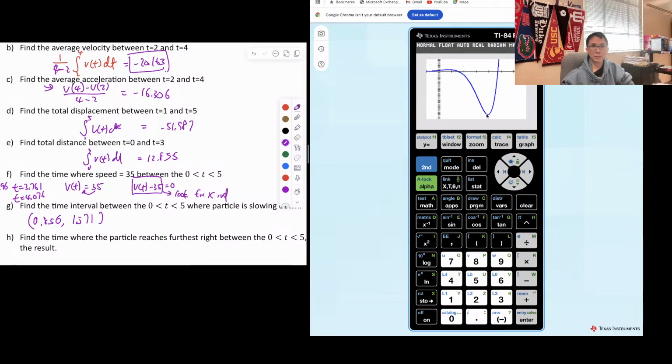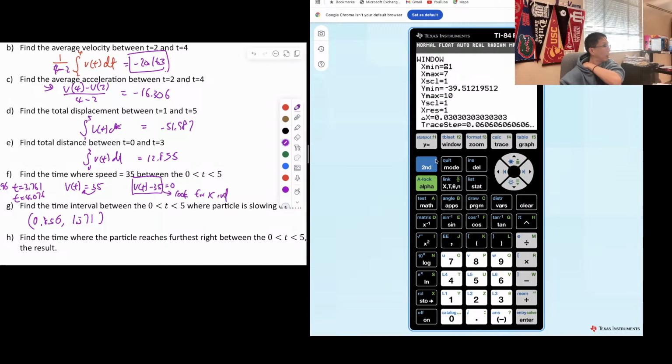Yeah, so you had to play with your window. This is my window. You can copy my window. Sorry, I got 1, 2, like the interval is 1, 2, 1.